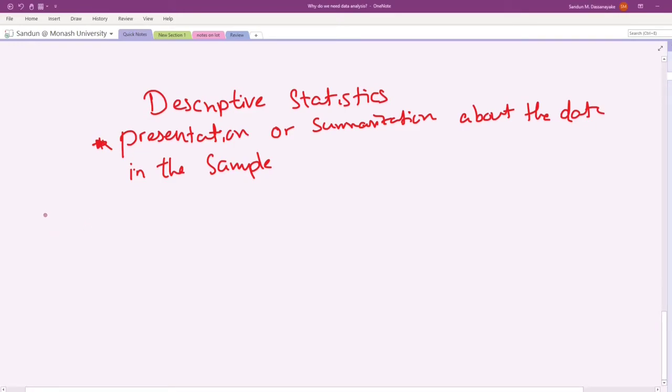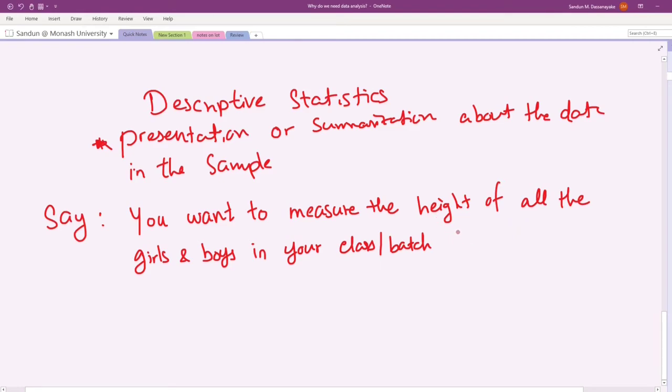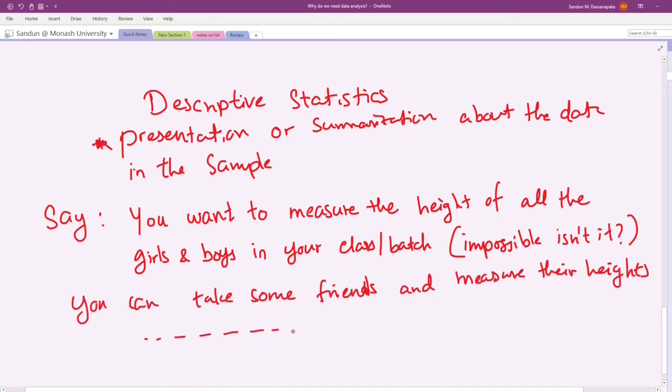This is the simplest form of descriptive statistics. Let's say that you want to measure the height of all the girls and boys in your class or batch. Going one by one is really impossible, isn't it? You can take some friends and measure their heights and take the mean of that height.